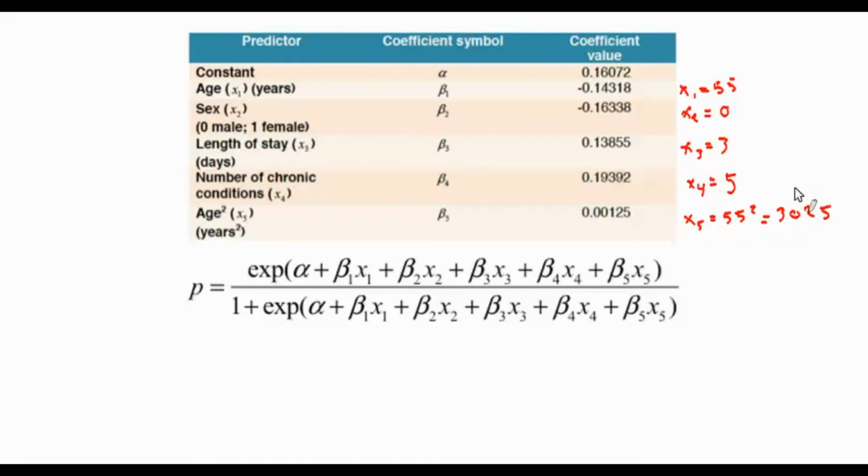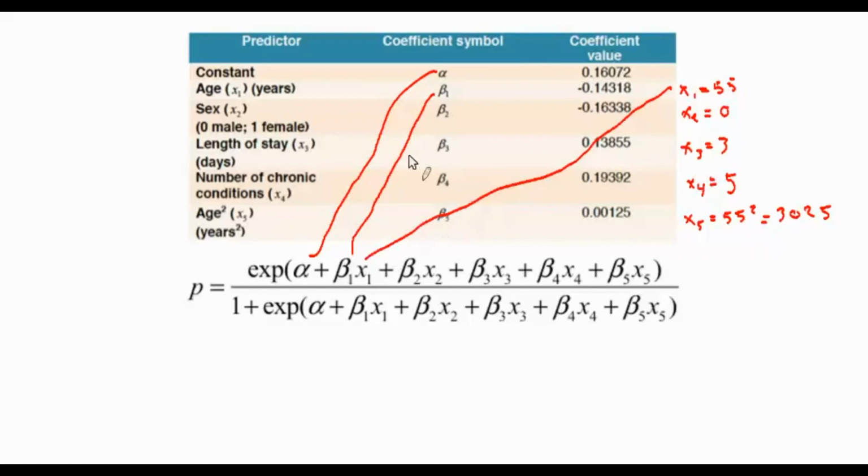And then to compute the probability of readmission from the logistic regression model, we just use this expression down below where we plug in alpha and beta 1 and x1 and beta 2 and x2, etc., down to beta 5, x5. And you'll notice when we exponentiate this, that's the numerator.